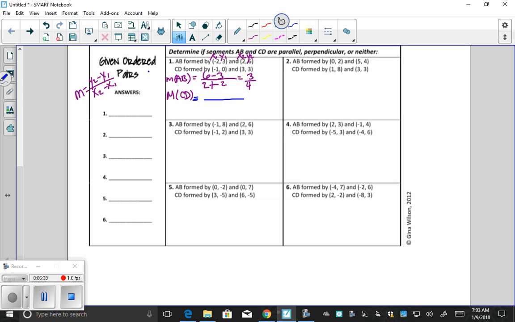So I'm going to do 3 minus 0 over 3 minus negative 1. Two negatives become a positive. 3 minus 0 is 3. 3 plus 1 is 4. And I get 3 over 4. My slopes are the same. So that means I have a parallel line.